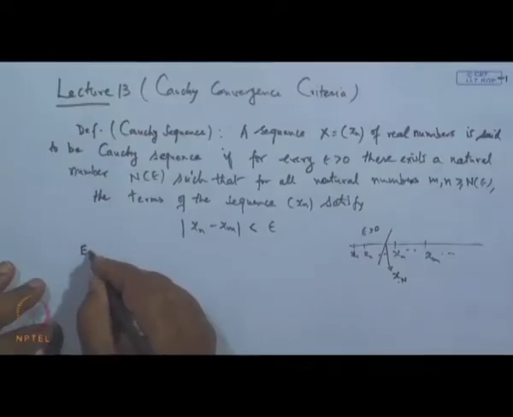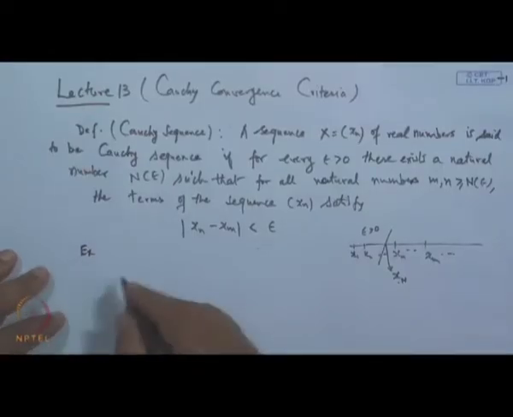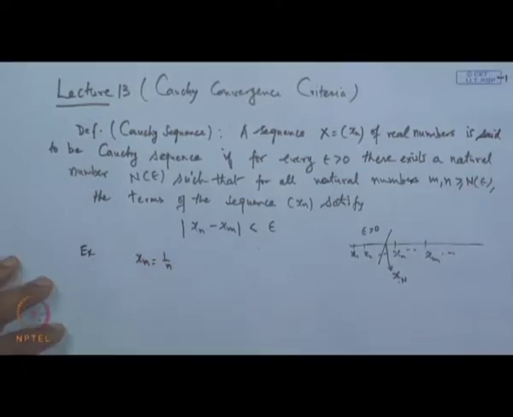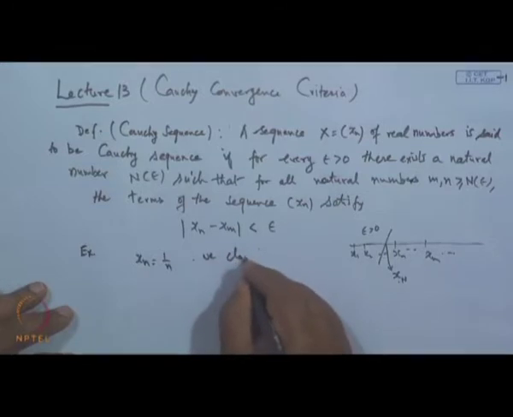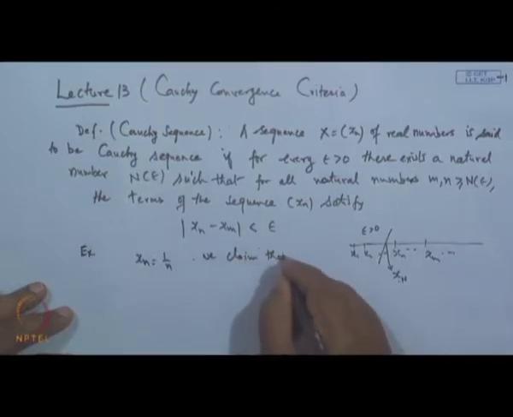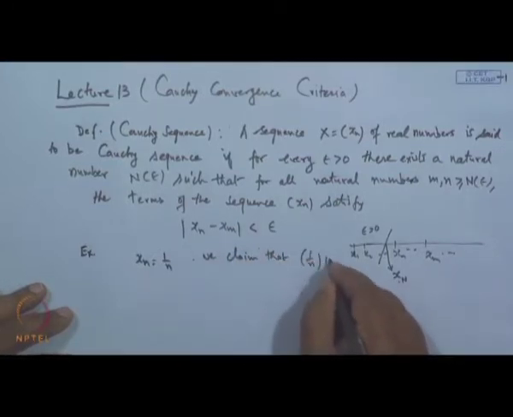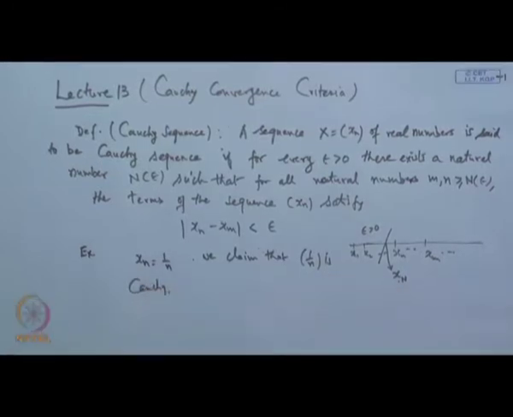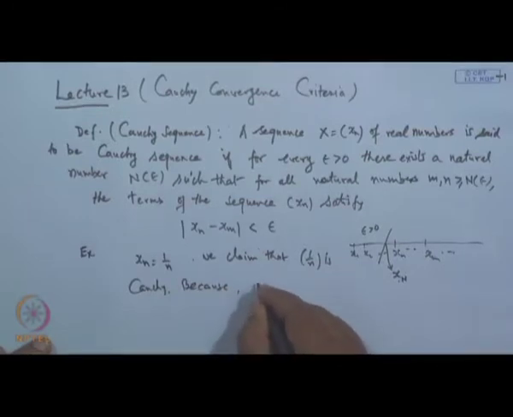For example, if we look at the sequence x n equal to 1 by n, we claim that the sequence 1 by n is a Cauchy sequence. So, for any epsilon greater than 0, let us choose any epsilon greater than 0 first.